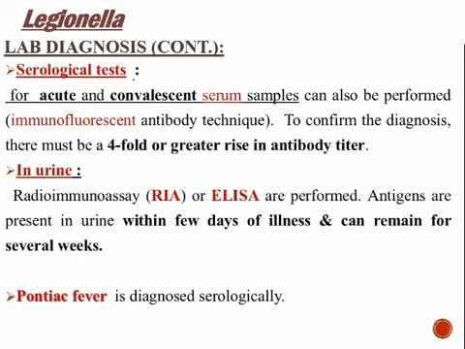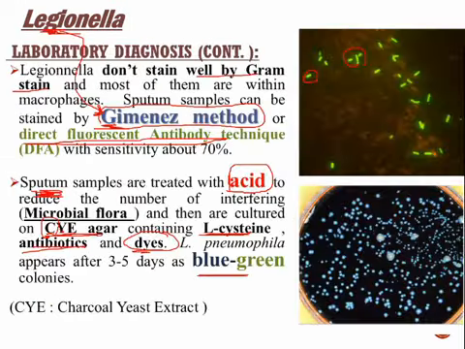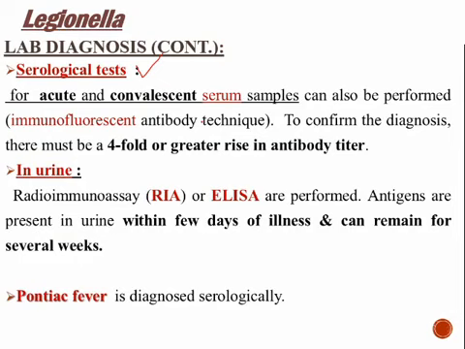Now, serological testing. The first tests we took: we can make Gimenez stain and direct fluorescent antibody staining, and we can cultivate on CYE, charcoal yeast extract. Then serological testing: we can apply it to a serum sample obtained from the patient.